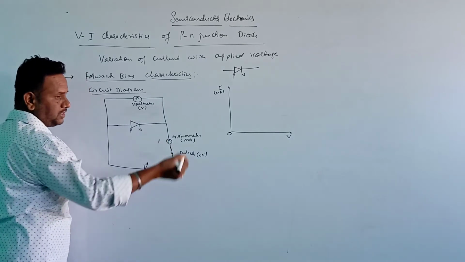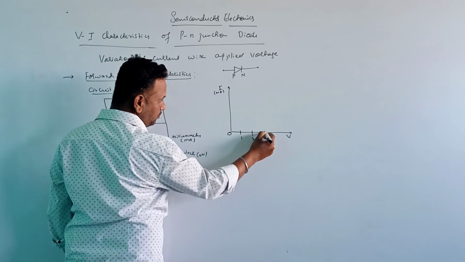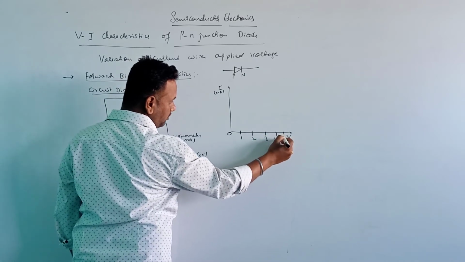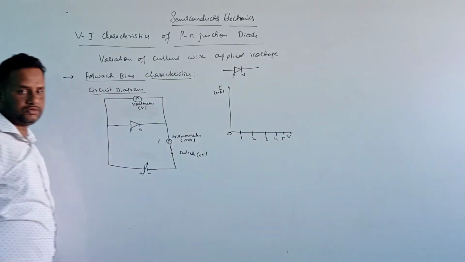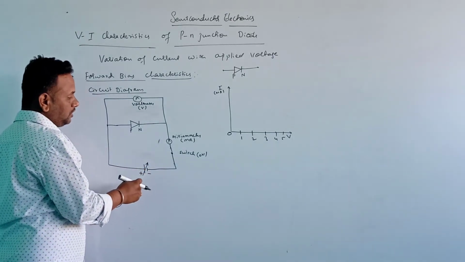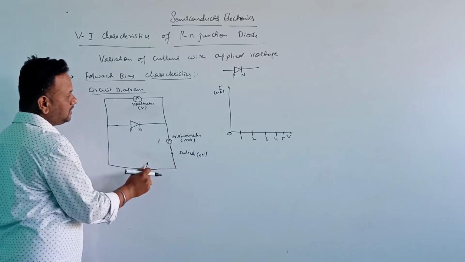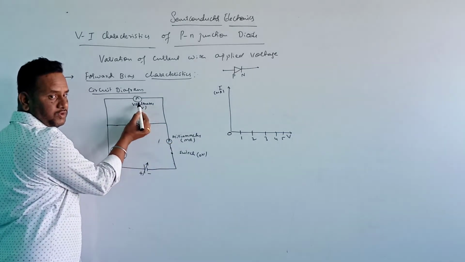Now I am changing the voltage here slowly. Take for example 1 volt, 2 volt, 3 volt, 4 volt, 5 volt. Now slowly when I change this voltage, we can see in this milliammeter it shows some reading. 1 volt.